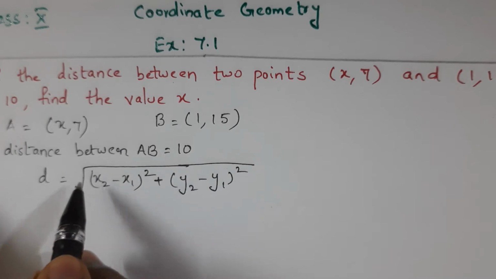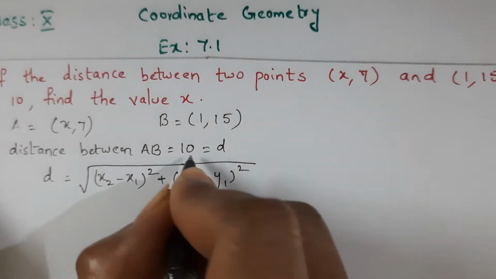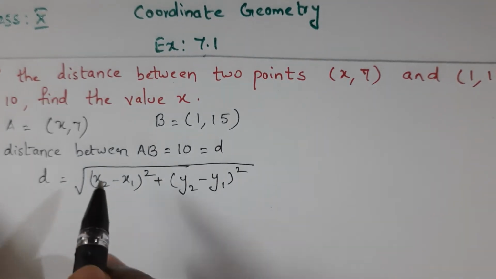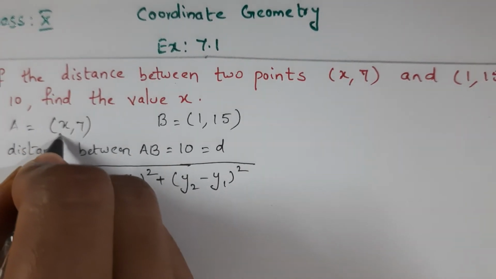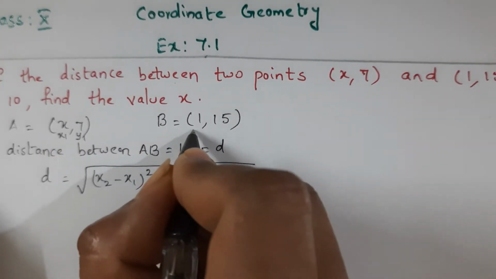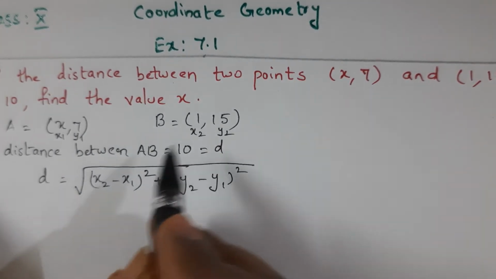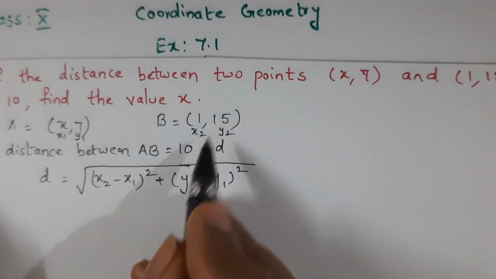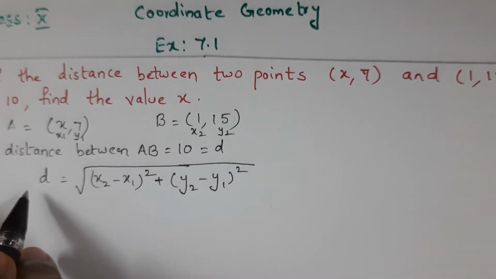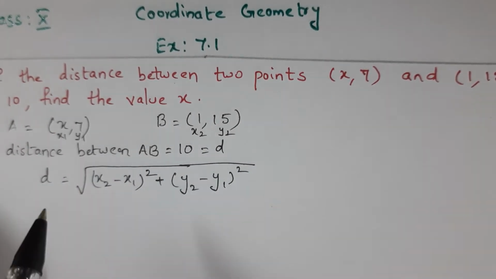So here we have to substitute the distance, that is 10, here x1. So here we can mark x1, y1 and x2, y2. So we have to substitute the x2, x1 and y2 and y1 values in this formula. Then we'll find out the x value.